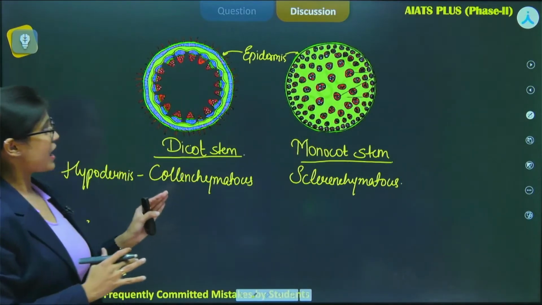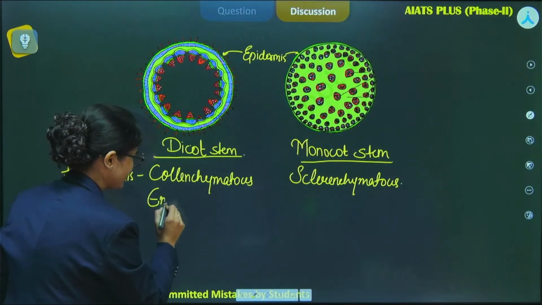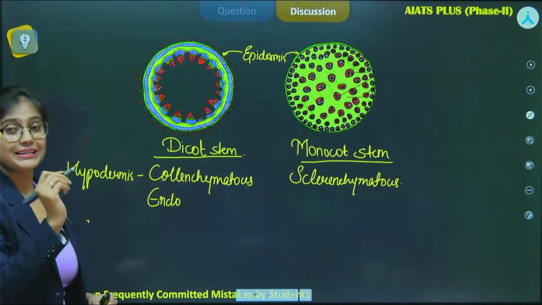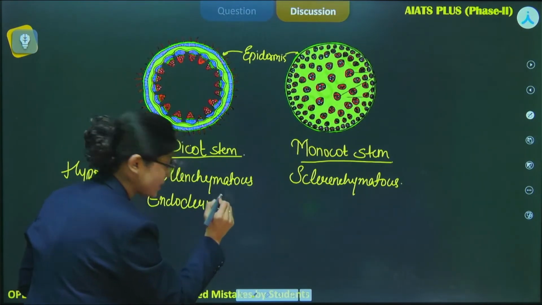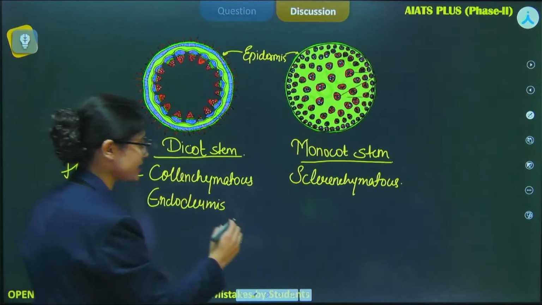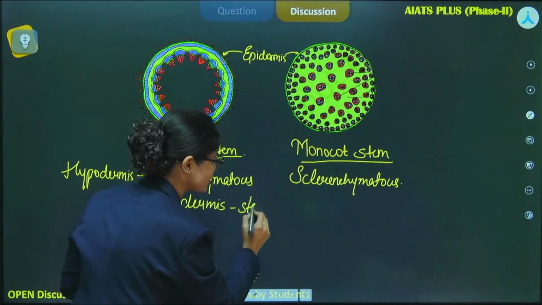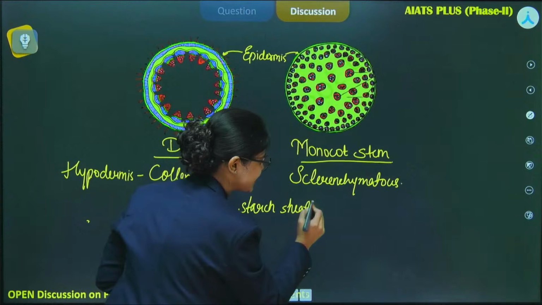Right. Now, if we talk about endodermis, a very beautiful feature of dicot stem endodermis is the deposition of starch grains in the endodermis. That's why it is also known as starch sheath. And this question is asked in the NEET exam also.